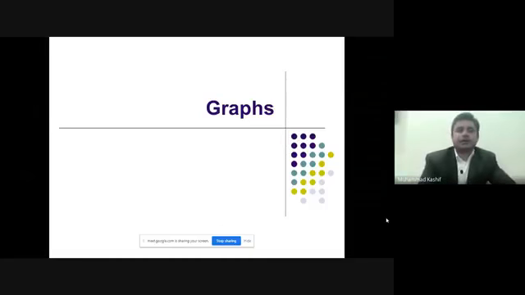So in real life, you have observed so many places where graphs actually exist. When we talk about route planning, when we move on roads, when we use Google Maps, or when we find a shortest path, graph theory actually exists there. That means our problem is going to be converted into the form of graphs, because in a graph we have different nodes and we have edges.